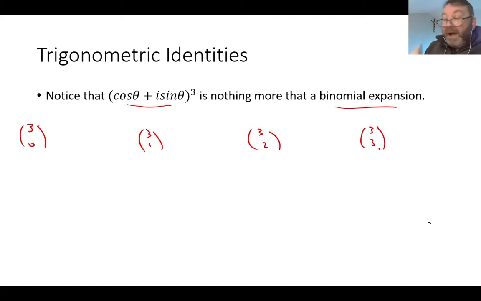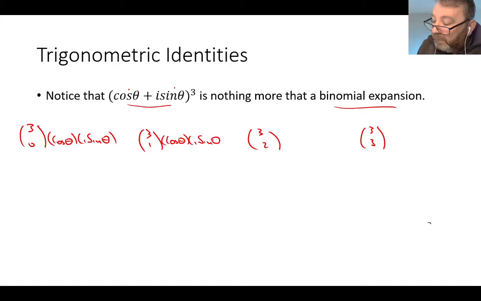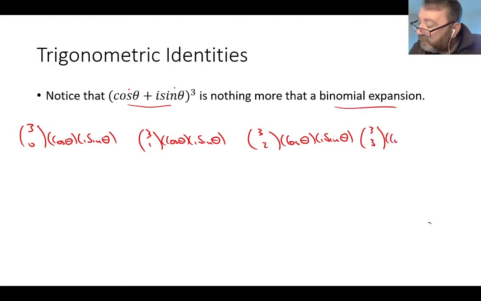Okay, and after those four C functions, you then write each of these terms in their own bracket. So cos theta, i sine theta, and the same again for each of the four terms.